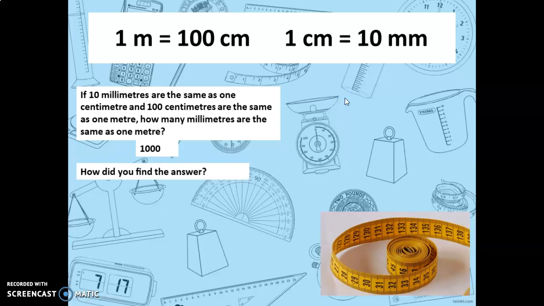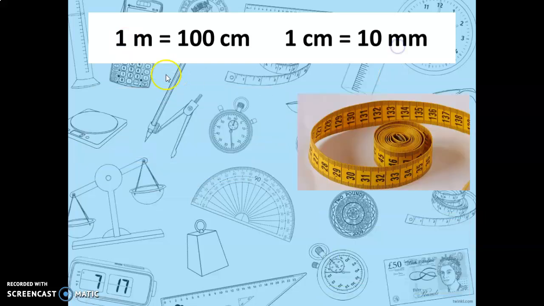How did you find the answer? Well, 10 multiplied by 100 is 1,000. And we know that 1 meter to millimeters is 1,000 because we multiplied it by 100 and by 10 as well.